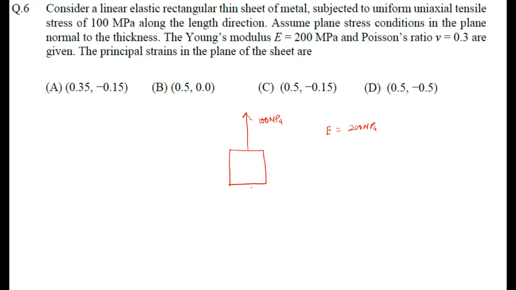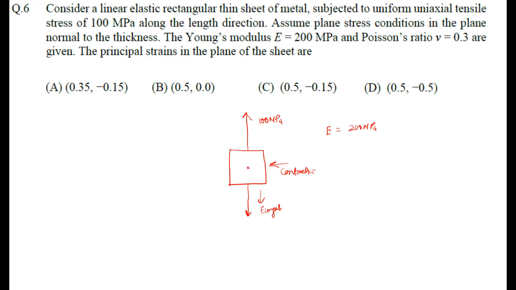Whenever there is a stress acting in one direction, there will be elongation in that direction and contraction in the other. In the direction normal to this, the thickness is assumed to be very low. That's why it is called a plane, and that's why there is no stress in the z direction.